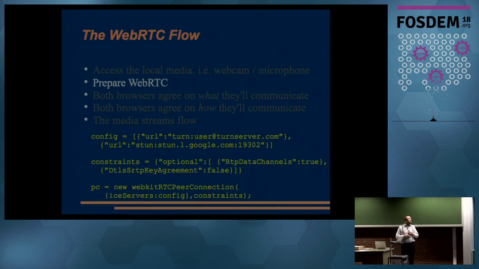Once you've done that, you need to give it the parameters on how it's going to be communicating. So TURN servers and STUN servers. Actually, we'll do STUN servers first. Most of you will realize that when you connect to the internet, you don't actually have your own IP. You're NATed, and it's an IP which your ISP gives you. That's pretty useless if you've got another computer that wants to have a Skype-like conversation with you.